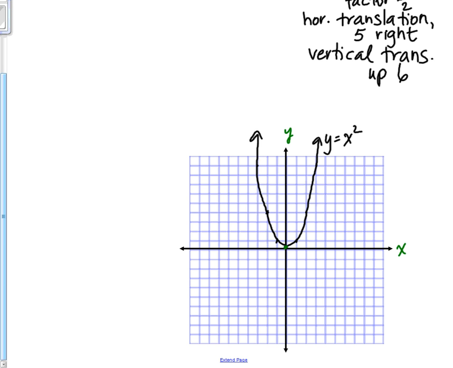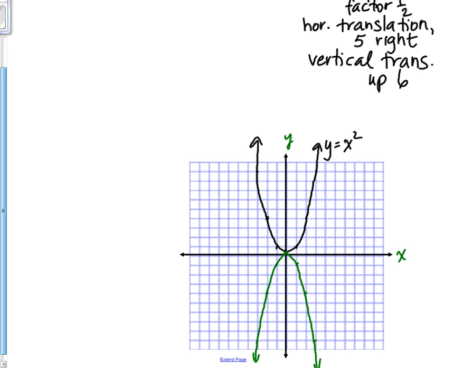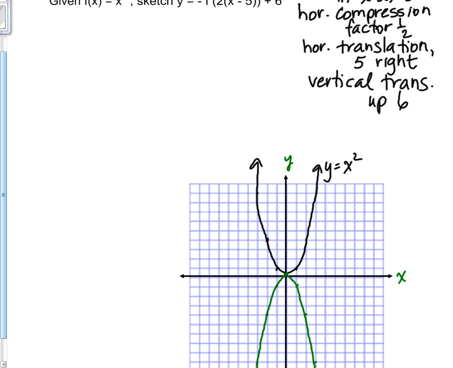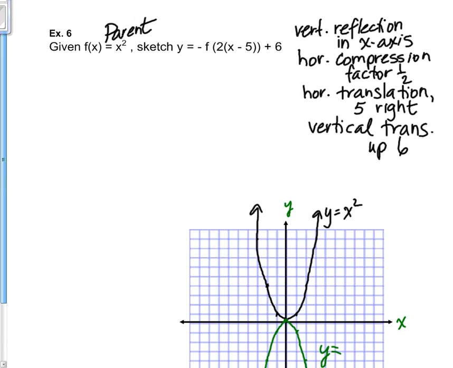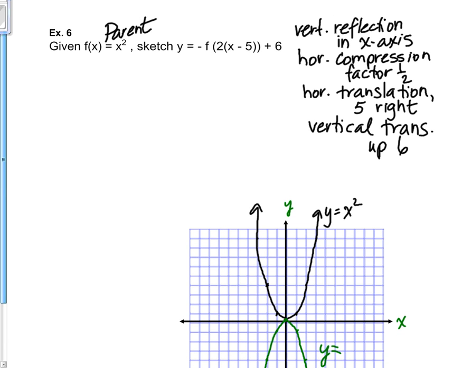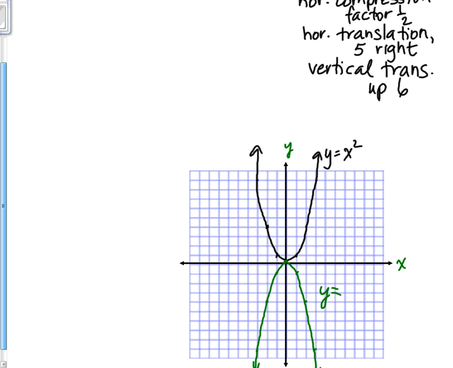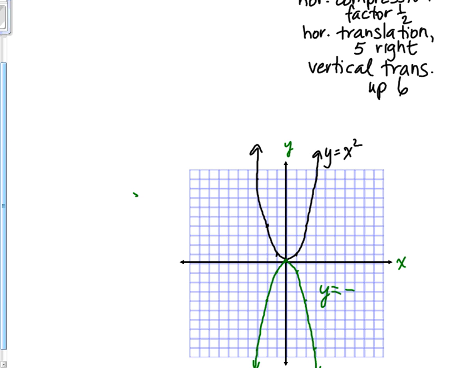But everything above it goes below it. So if we reflect everything downwards, we have the green function, which we see below. We could write that as y equals, because it is a vertical reflection, that means the negative sign is outside of our parent function. We would write it as negative x squared.